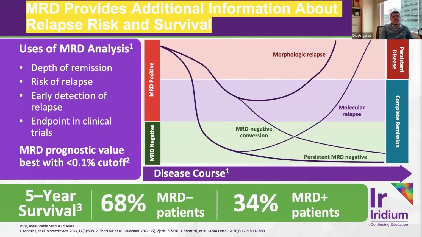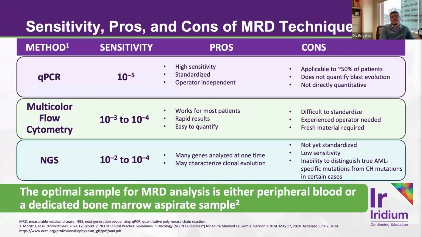In some situations, we can utilize genomic testing like PCR in order to look for even smaller amounts of mutations that still may be present, but those are select cases that are dependent on whether or not there's a targetable mutation to actually test. We went over this last time, but again, multiple different modalities for MRD testing.